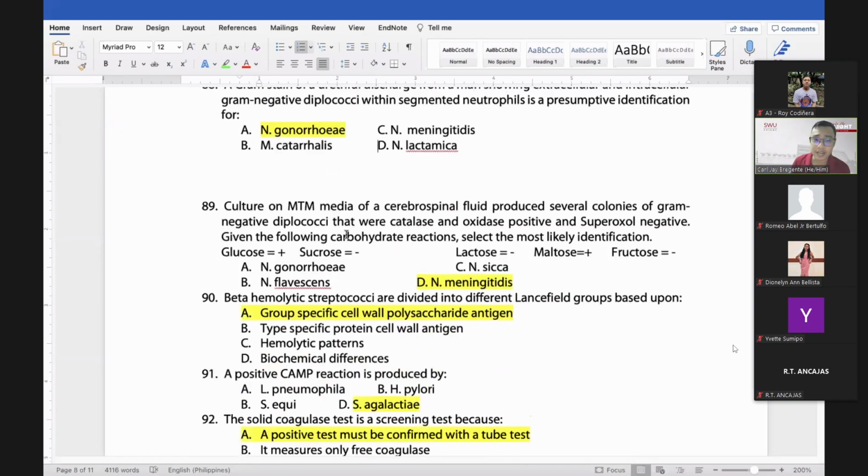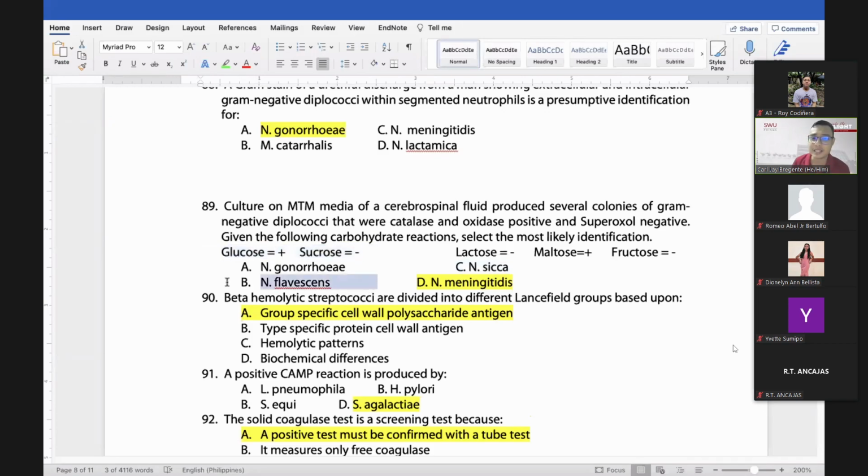89. Again, this is a gram-negative diplococci with the following reaction. Glucose positive, sucrose negative, lactose negative, maltose positive, fructose negative. So you have glucose and maltose positive, so the answer is Neisseria meningitidis. Neisseria gonorrhoeae is positive for glucose only. Neisseria sicca is positive for glucose and sucrose only.